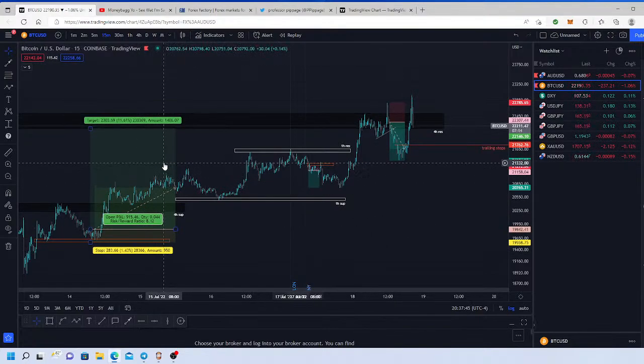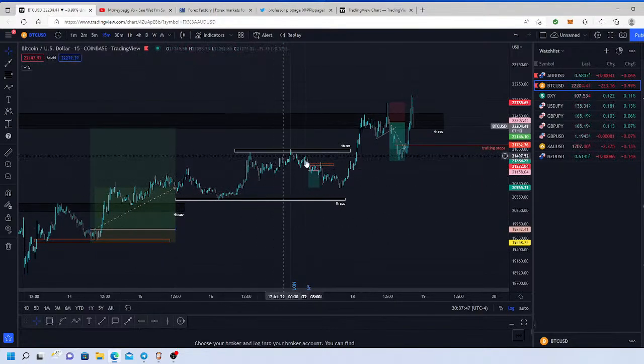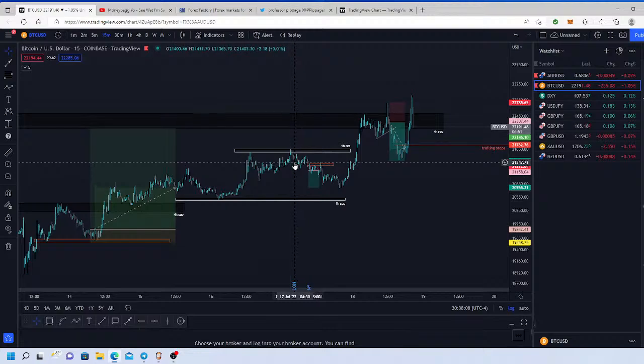Kind of stopped taking the buys after here because we didn't make it deep into the support. And then we pushed up here, and we also didn't make it deep into the support. So I caught the shorts here, and I caught the shorts here. Once I saw this high, and then this high, and then we came down and tried to push above, failure, and we broke that low.